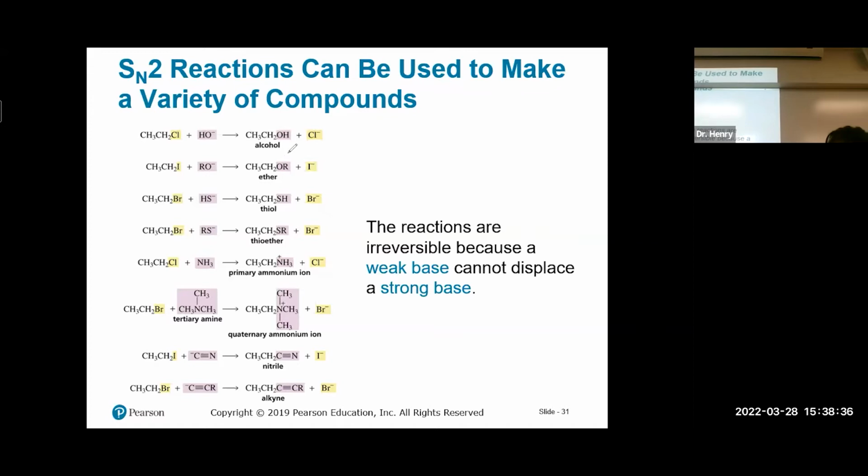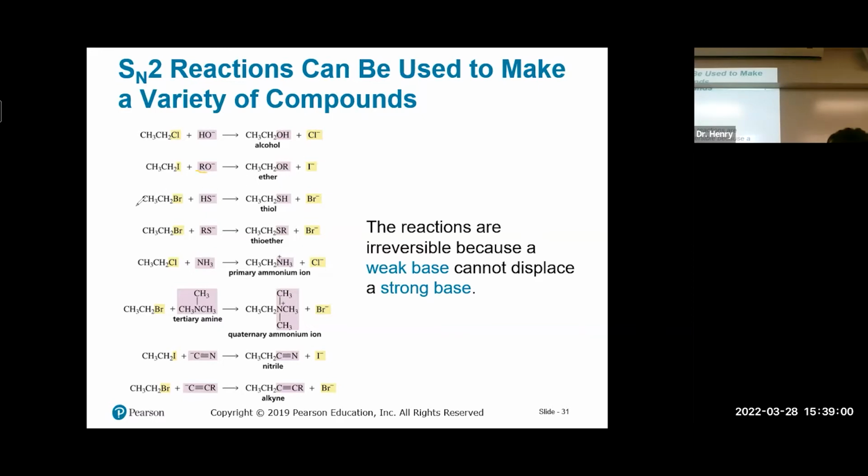In the case of when we have an alkoxide or carboxide reacting with the primary halide, then you're going to get the formation of an ether.